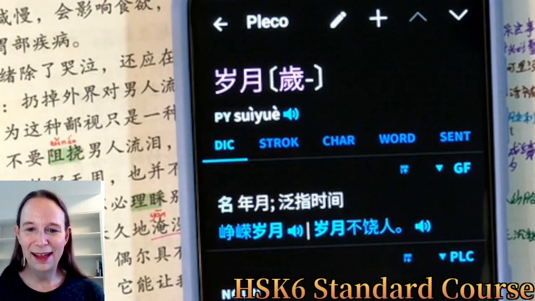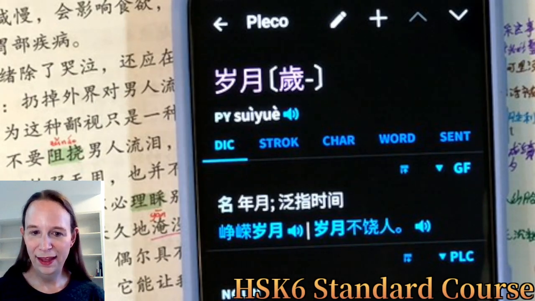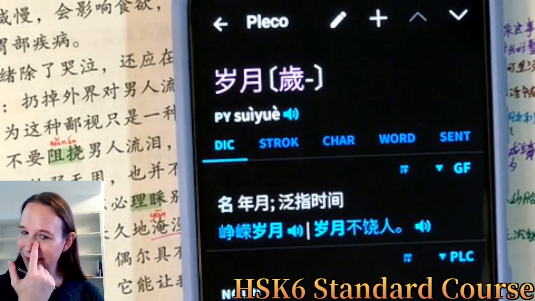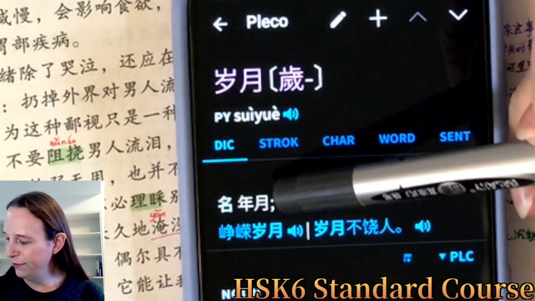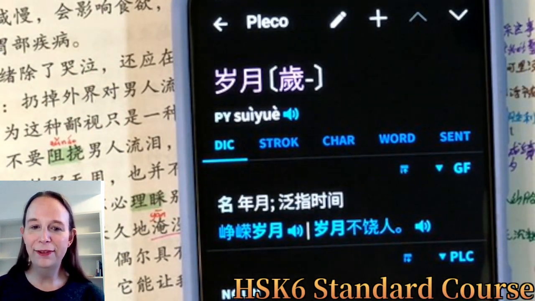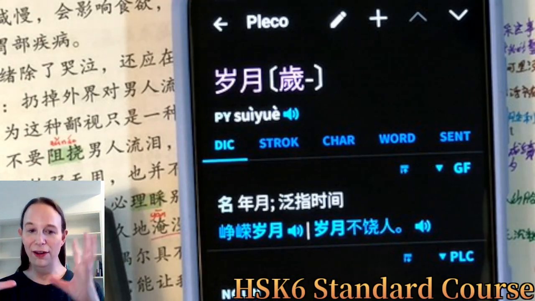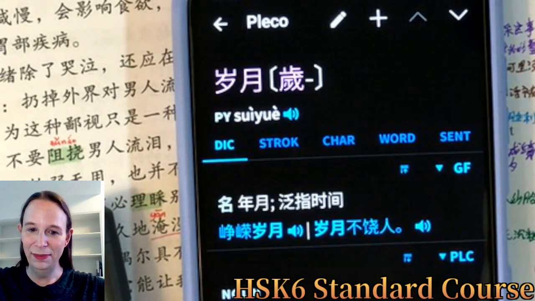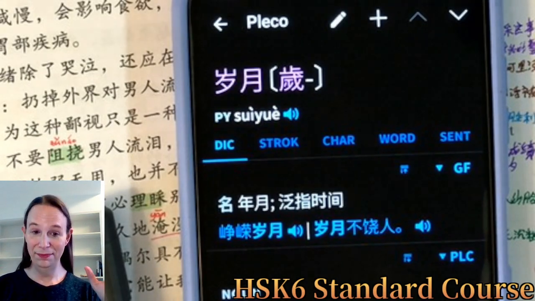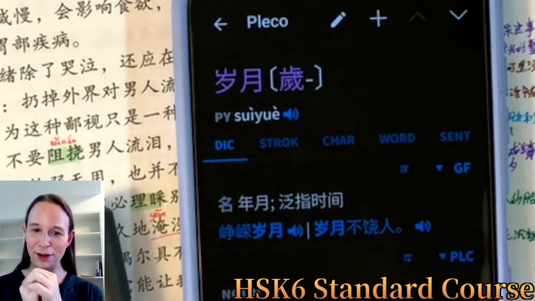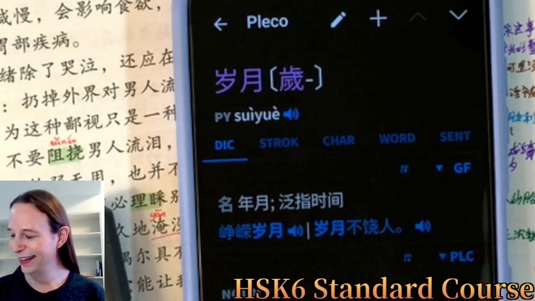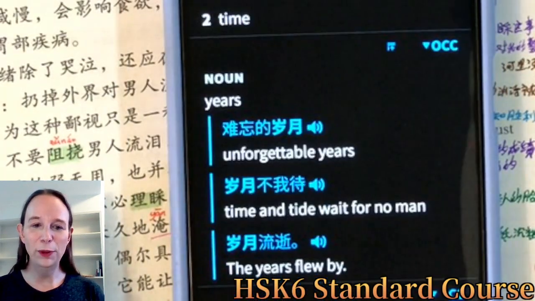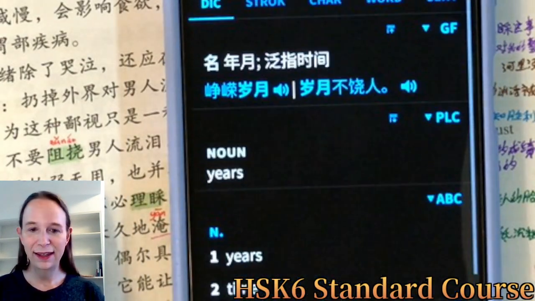Yeah, they're relatively rare, usually used in kind of figurative senses. 泛指时间, so broadly refers to time, usually on the order of years and months, not like millennia, and not like nanoseconds. Of the order of human lifespans.